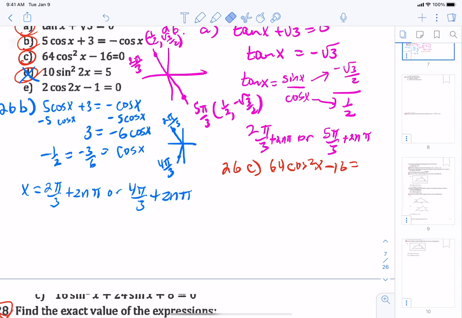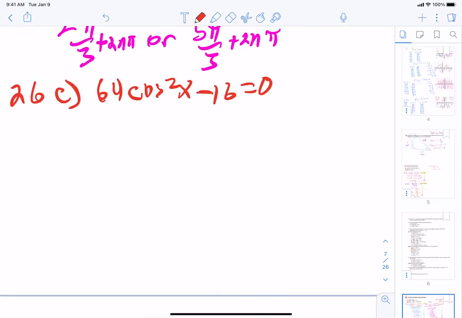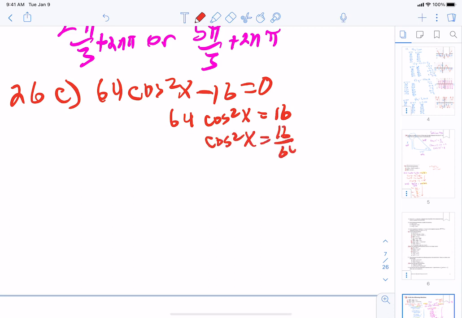Okay, get the cosine by itself. Add 16 to both sides. Divide by 64. Now, 16 goes into 64 4 times. So we get the cosine squared of x equals 1/4.